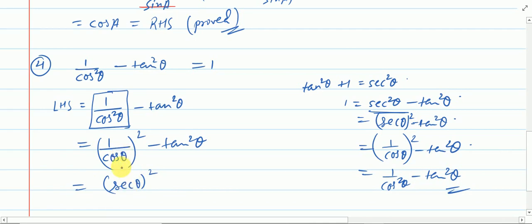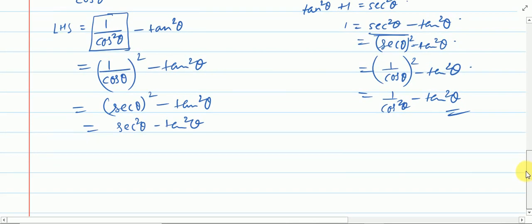So I'll write sec theta whole square. This sec theta I've written for this whole thing, 1 upon cos theta. Then next you get sec square theta minus tan square theta. And in the next step I can write this is equal to 1. Why am I writing this?